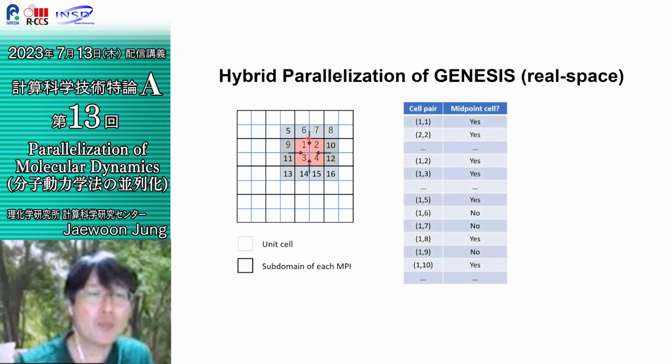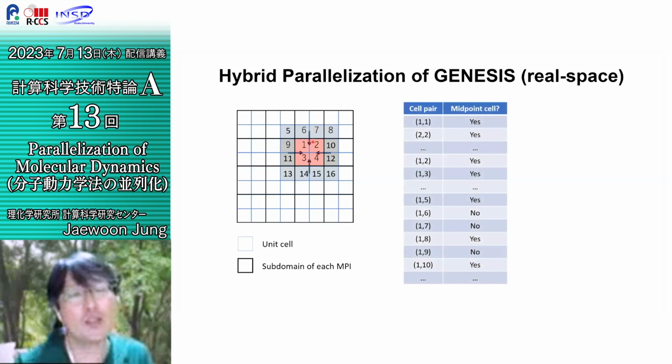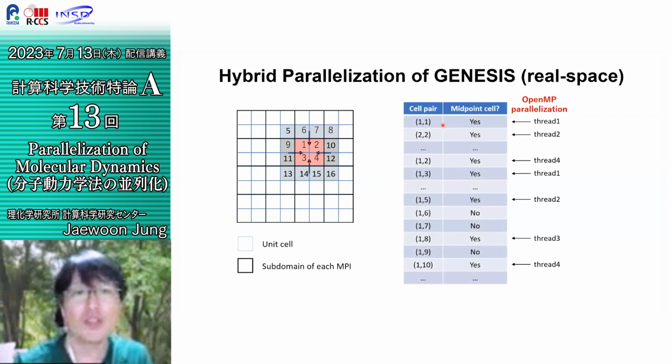So for every particle pair, we first sort them as a cell pair. By making all cell pairs, for every cell pair, we check if their midpoint cell is located inside this subdomain or not. For example, this one, 130: the midpoint is inside of this domain, so we assign yes.